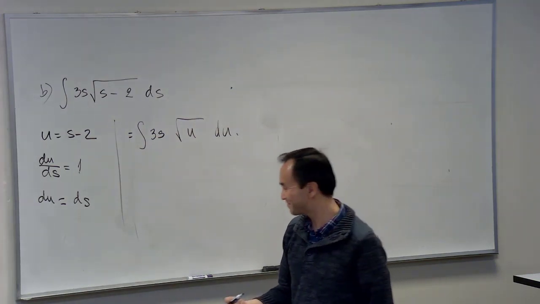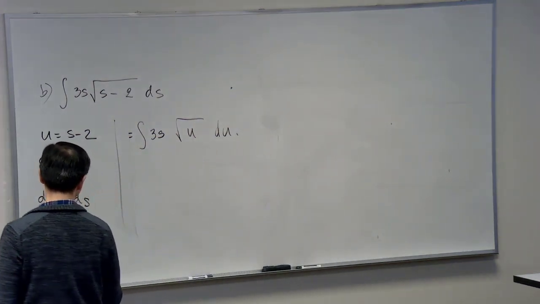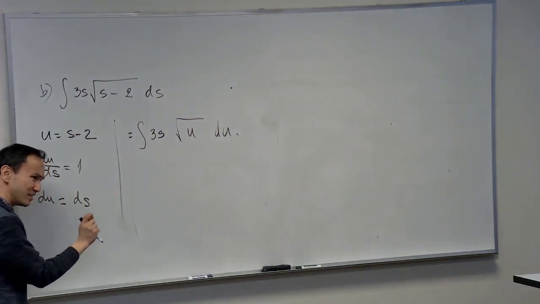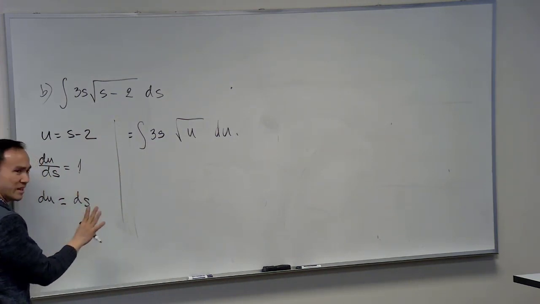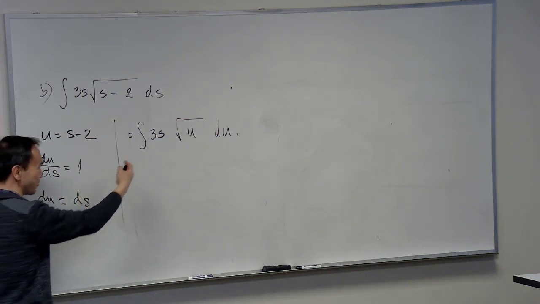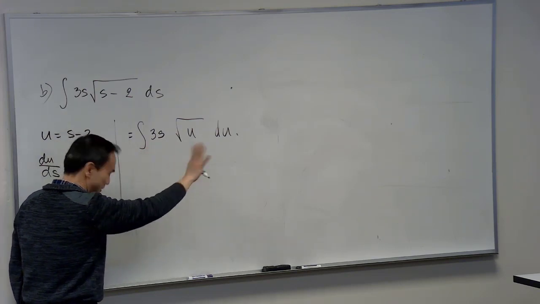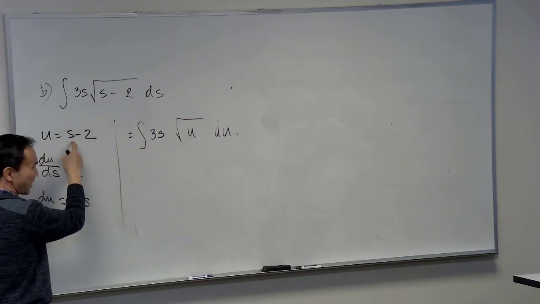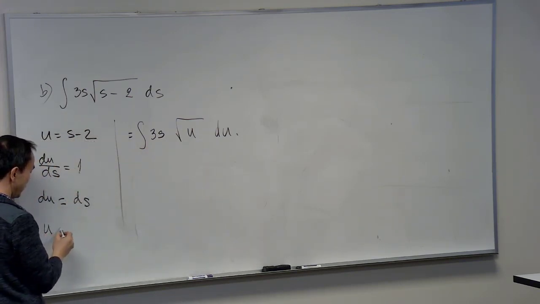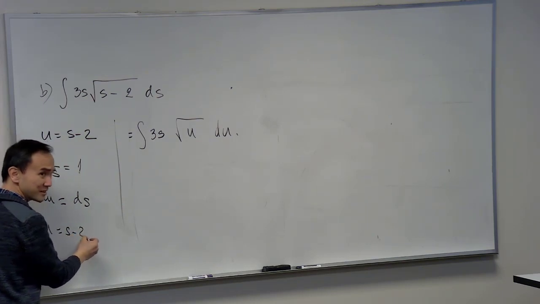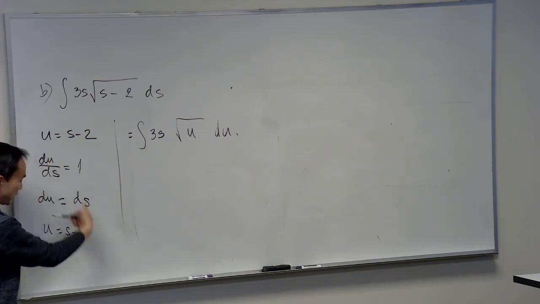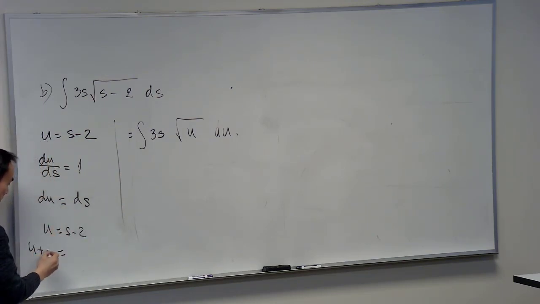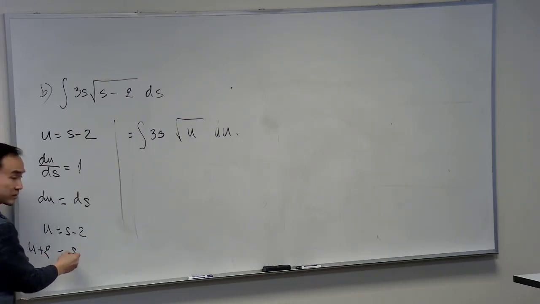But actually, you have seen how I've done this a little earlier. Don't give up yet. Sometimes it seems hopeless and we can't get the old variable away. Don't give up yet. Tackle it right here. If u equals s minus 2, can we also think of that as adding the 2 over, making it u plus 2 equals s?